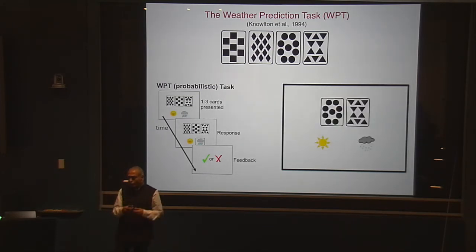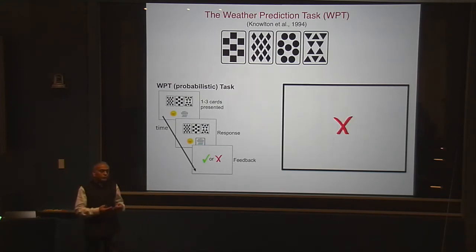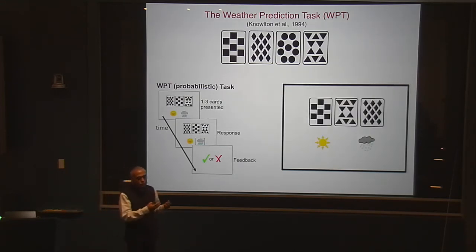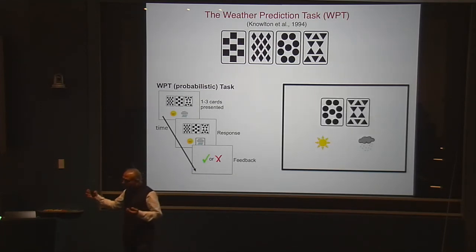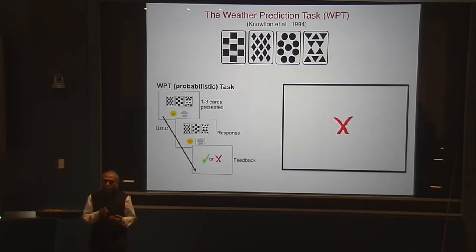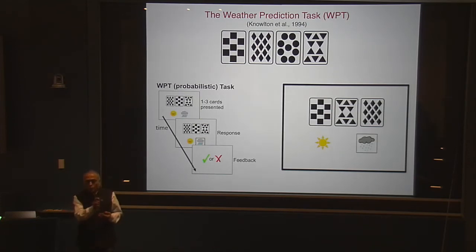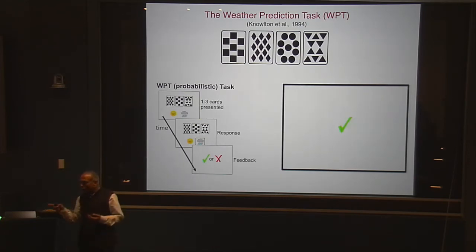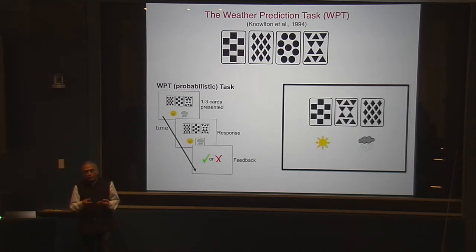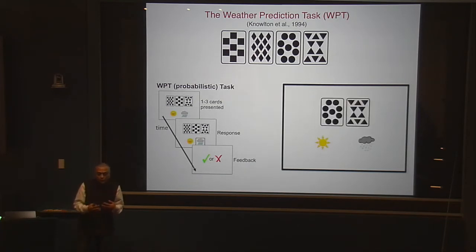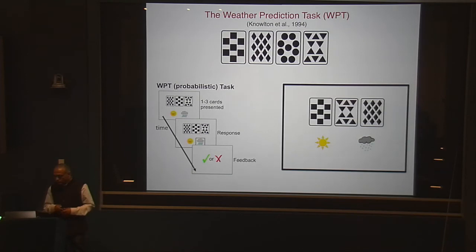That's why it's called weather prediction. Initially, of course, this doesn't make sense. Children are performing at chance. But as this goes on, because there are systematic relationships between the individual cards and how much they predict sunniness or raininess, eventually the participants come to internalize those linkages, and their performance gets to be above chance.